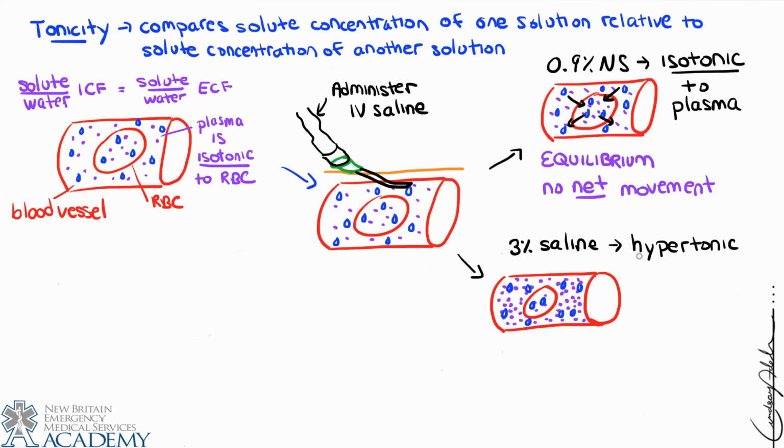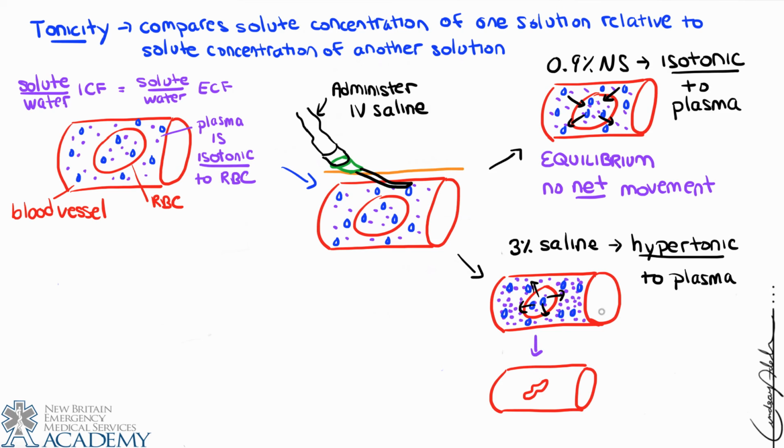It's more highly concentrated with salt particles, and so therefore it actually increases the concentration in the plasma. Now, because we have this increase in concentration in the plasma, again, we'll say that the membrane is permeable to water, not solute, and we're going to have movement of water in order to equilibrate this situation.